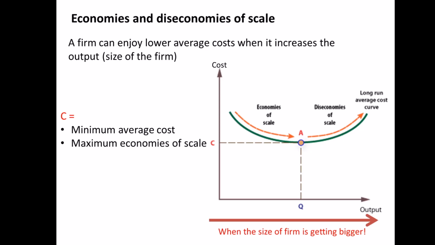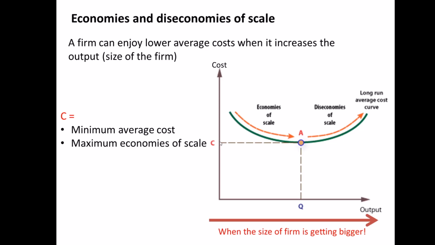When you have more output, the cost will get lower and lower, and that's why we call that economies of scale. And when we get to point 8, this is where we can get the minimum average cost, because here you can see that's the lowest point of your average cost.